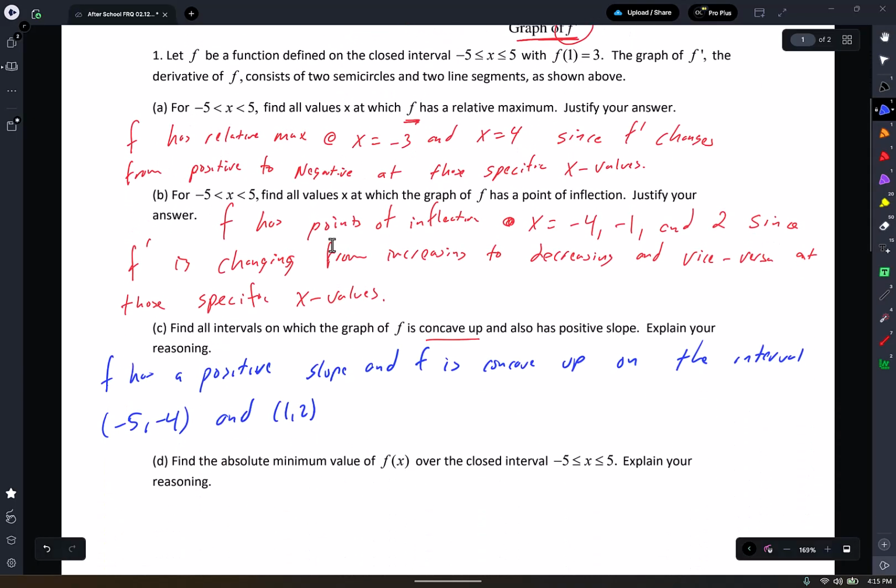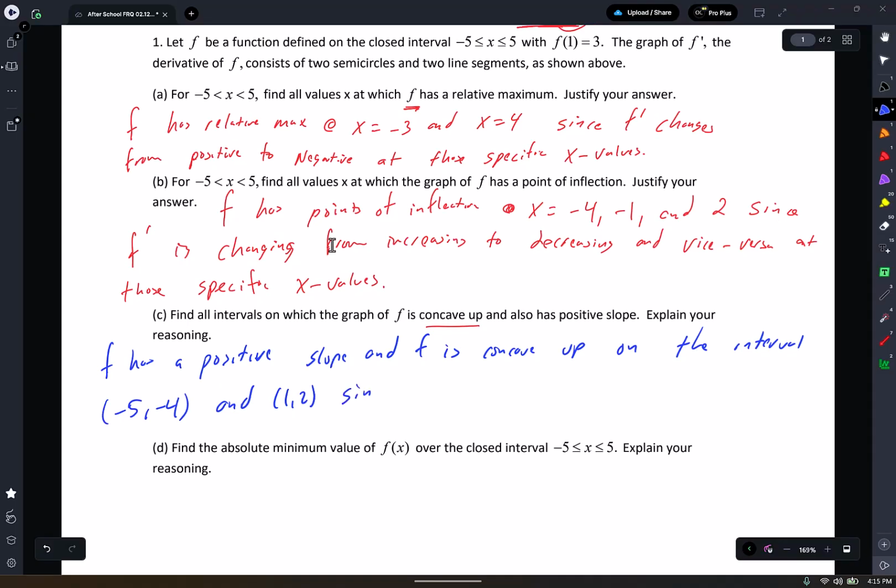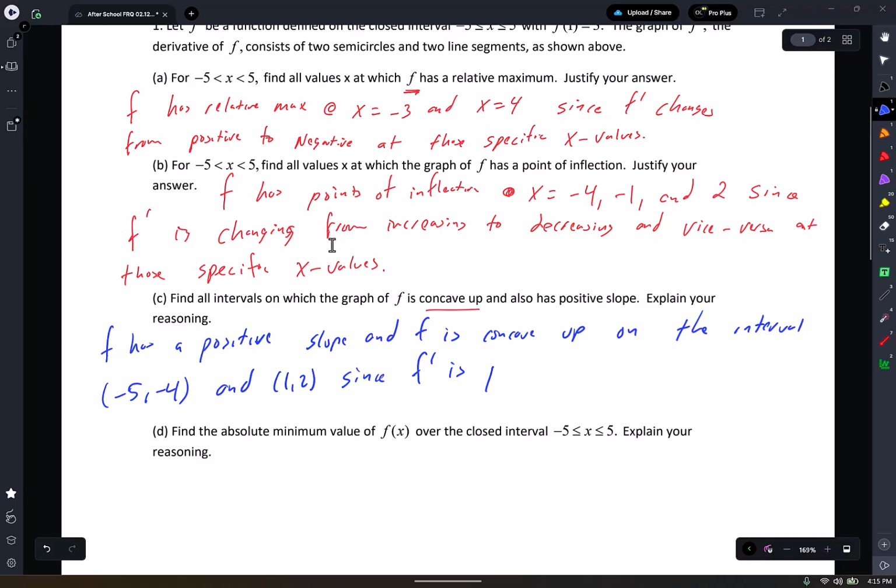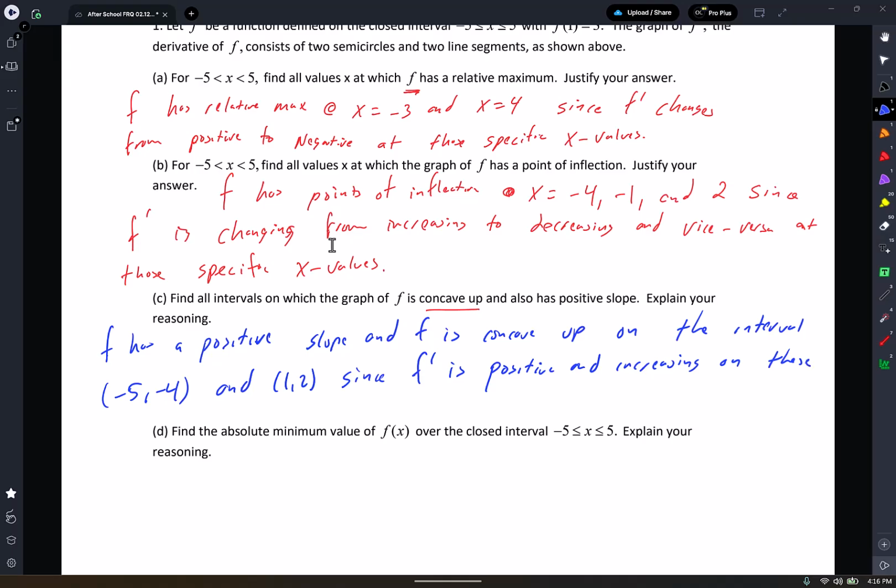And it says, explain your reasoning, since f prime is what? It has two things, positive and increasing, for both. Since f prime is positive and increasing on these specific intervals. So there it is.